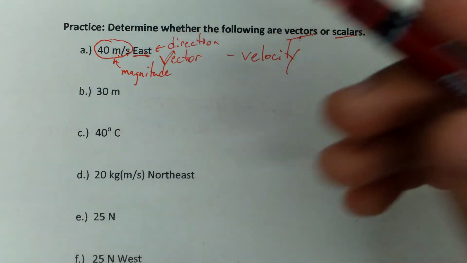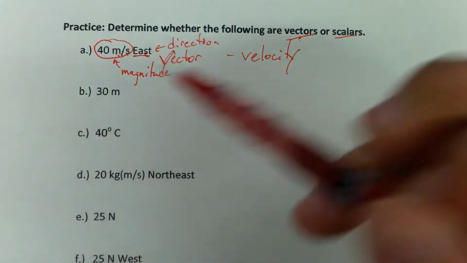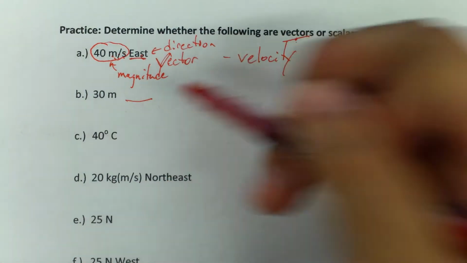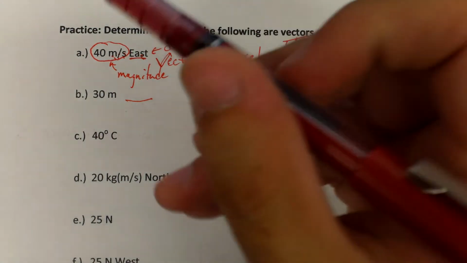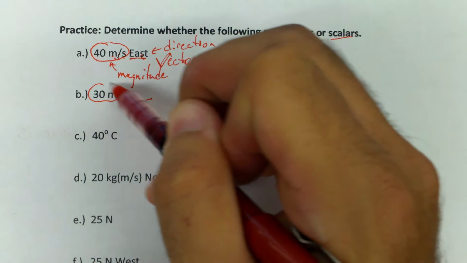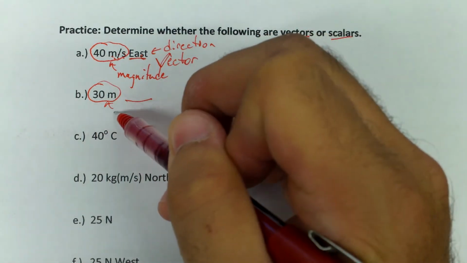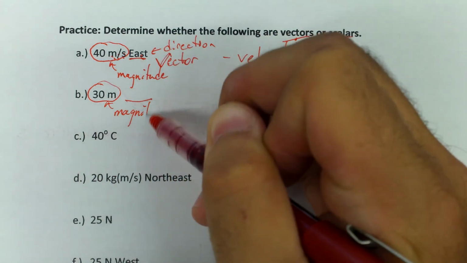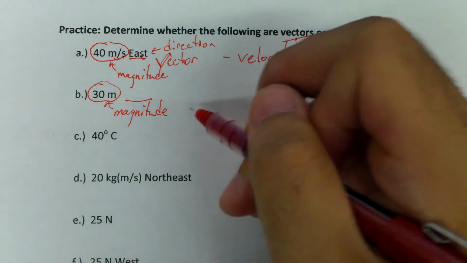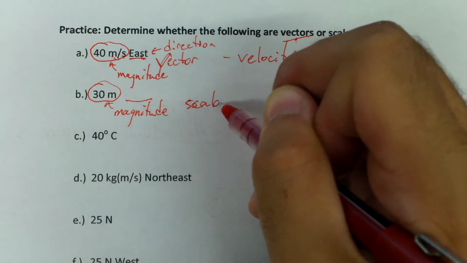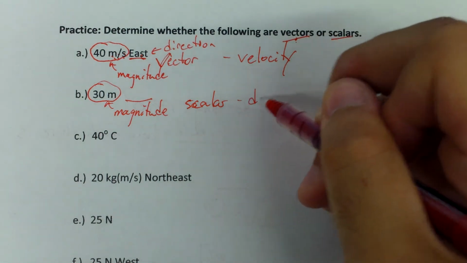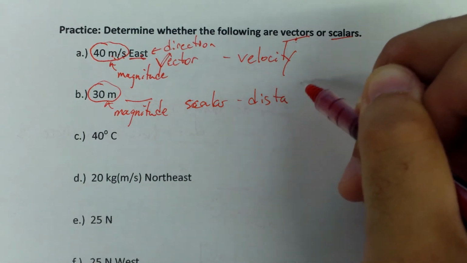Okay, let's go down to B. B is 30 meters. There's no direction there. There's no north, south, east, west, up, down, left, right. It's missing. All we have is this 30 meters. That 30 meters is a magnitude. It's an amount of distance. So this is a scalar quantity measuring distance.